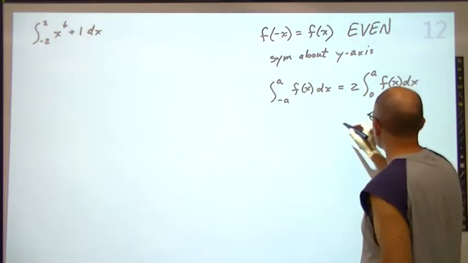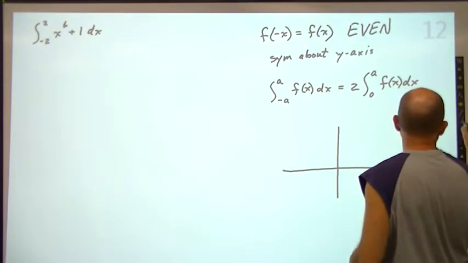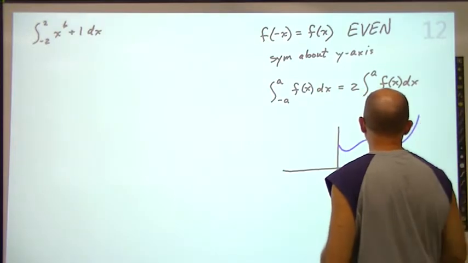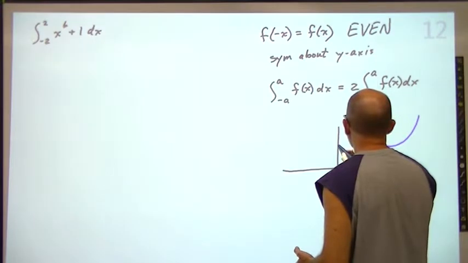Because if I have a function, like I said, that's symmetrical about the y-axis. So let's say my function looks like this. Okay, now this is symmetrical about the y-axis, so it's also got to go like this.